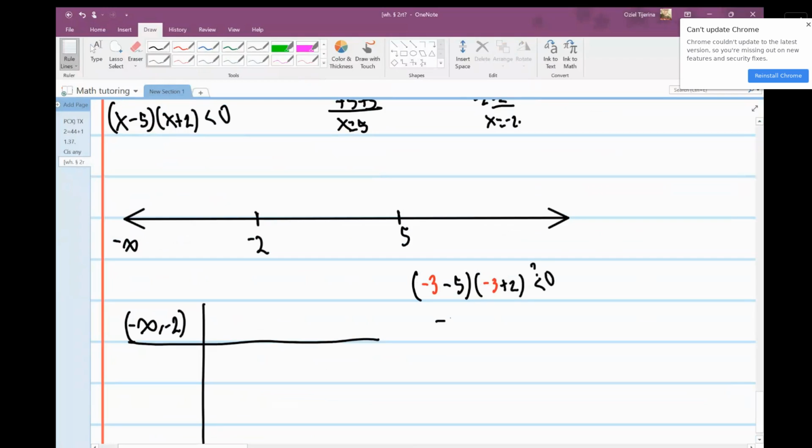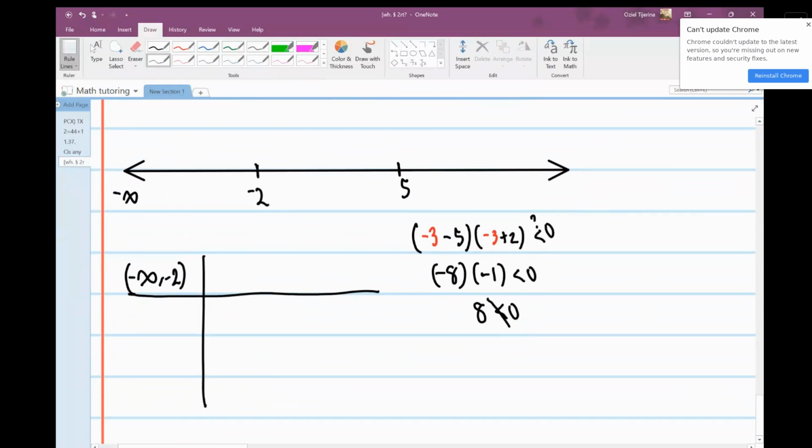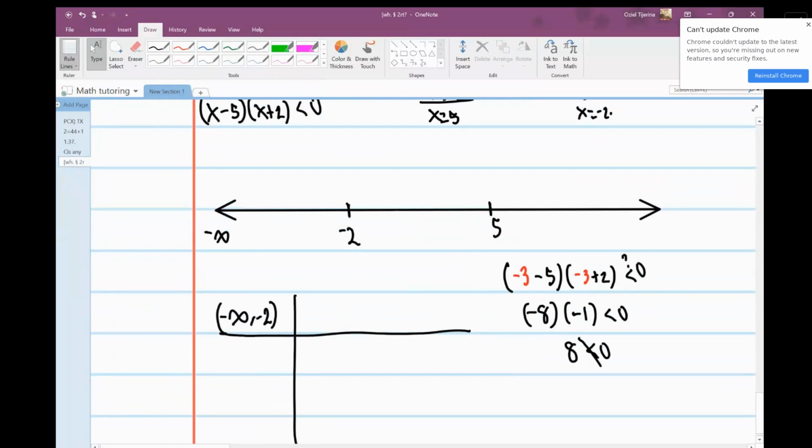We have negative 8 times negative 1, so this is 8 is less than 0, which is not a true statement. So that means that negative infinity to negative 2 cannot be a solution.